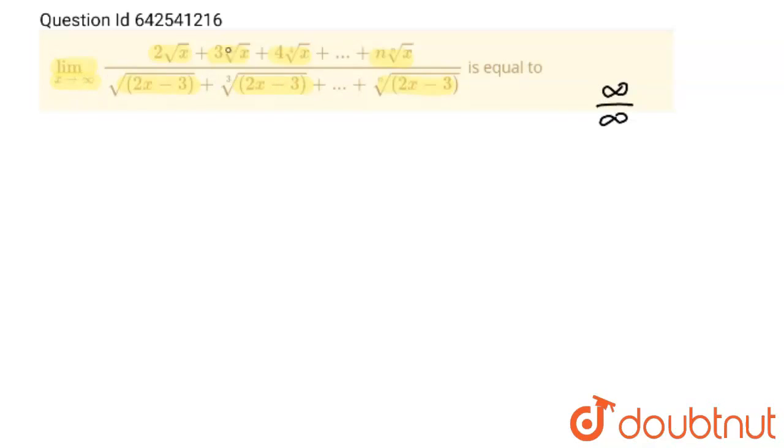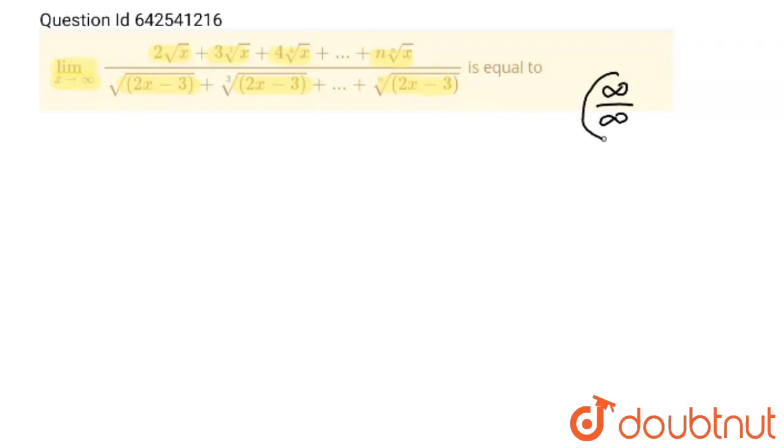If we put x as infinity, this whole term will become infinity, and infinity plus infinity plus infinity plus infinity will give infinity. Similarly in the denominator, 2 into infinity will be infinity, minus 3 will be infinity, and square root of infinity will be infinity. So every term will be infinity, and the addition of all of them will be infinity.